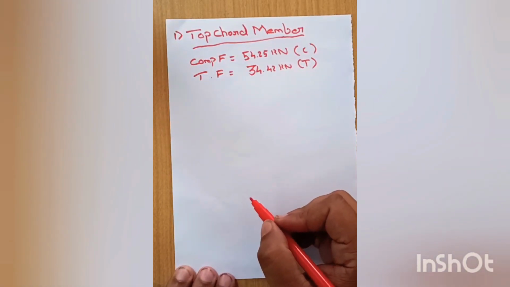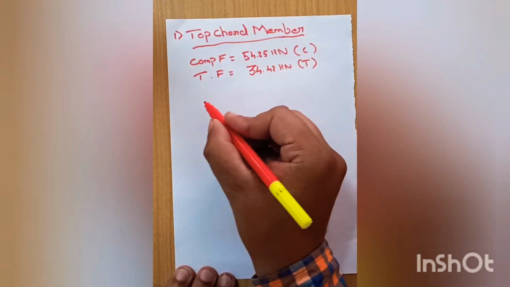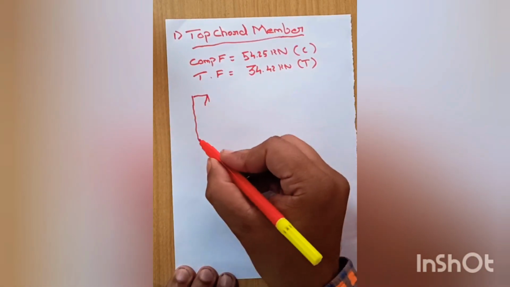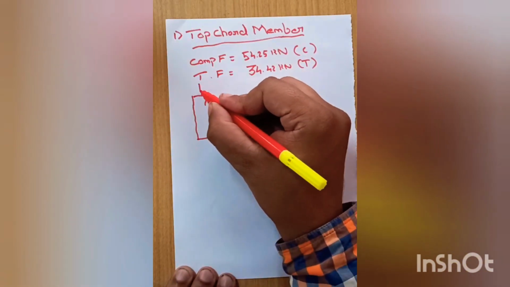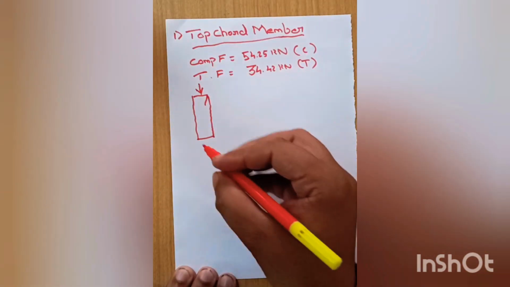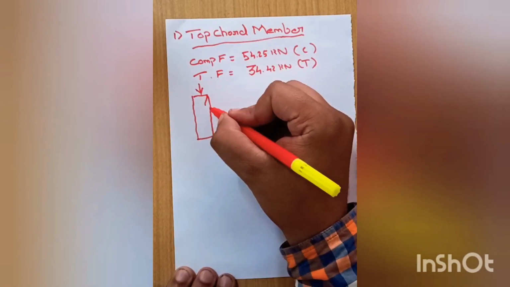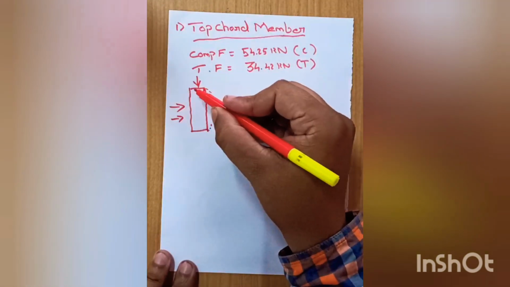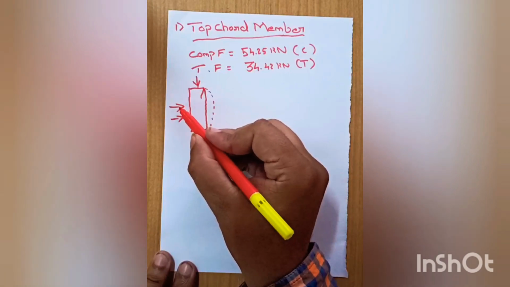Now, this reversal of stresses occurs mainly because suppose you have a member like this. Now, it is subjected to a force like this. When the force is acting along its axis, it will try to compress the member, and this becomes a compression member. Now, the same member during some time of the year will be subjected to lateral forces like wind load and all.